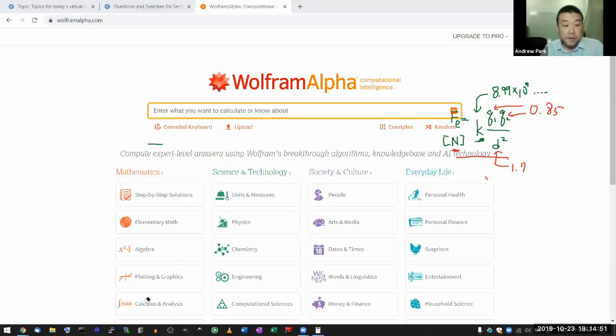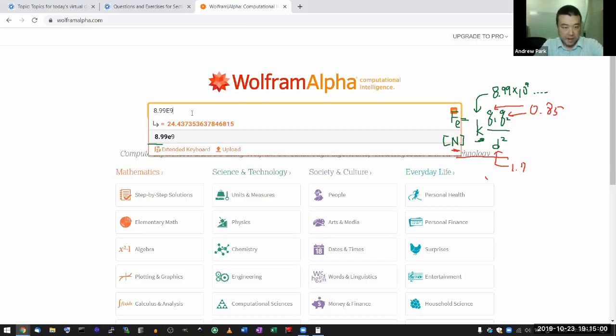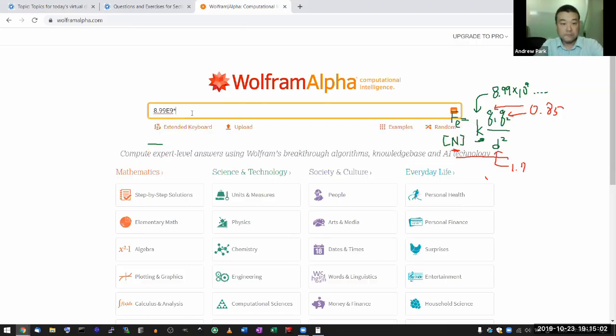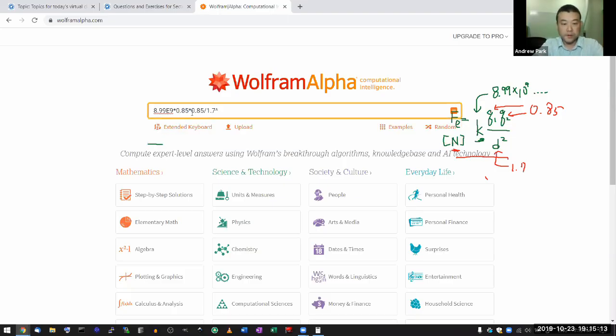So let me type in what it should be in Wolfram Alpha, 8.99, and then the E notation would be E9 times 0.85 times 0.85 divided by 1.7, and on a keyboard, this caret symbol, it's shift and the number 6, that's the exponent, and I'm going to put 2.